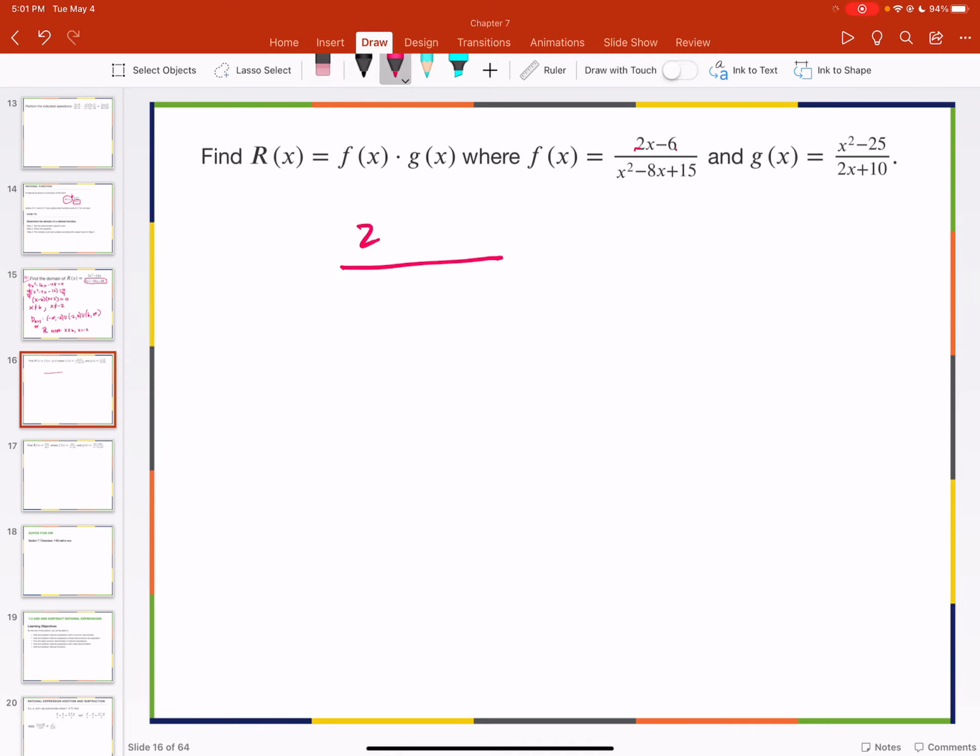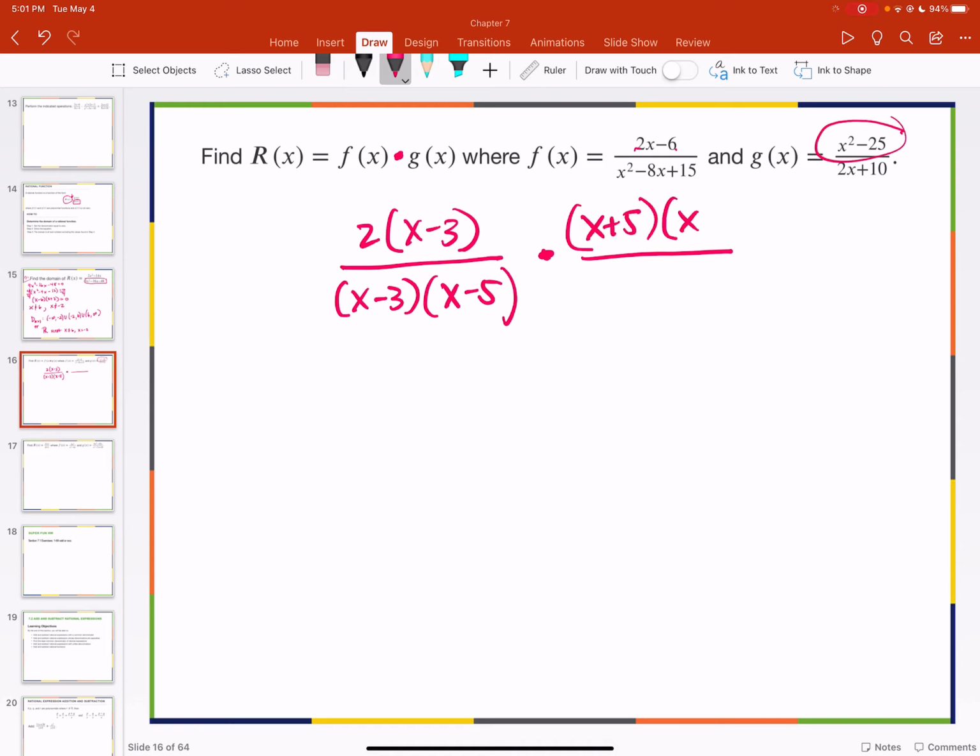So the 2 times x minus 3, so that's a GCF of 2 on the bottom, x minus 3, x minus 5, and that's times g of x, so this is the difference of squares, x plus 5, x minus 5, and then in the denominator you have a GCF of 2, x plus 5.